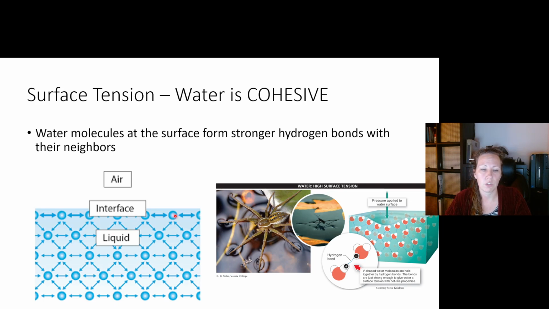And because there's fewer of them, they'll form stronger bonds with those neighbors. Okay. And so this creates surface tension: the bonds up here at the air-liquid interface are stronger than the bonds that are down here, deeper into the liquid.